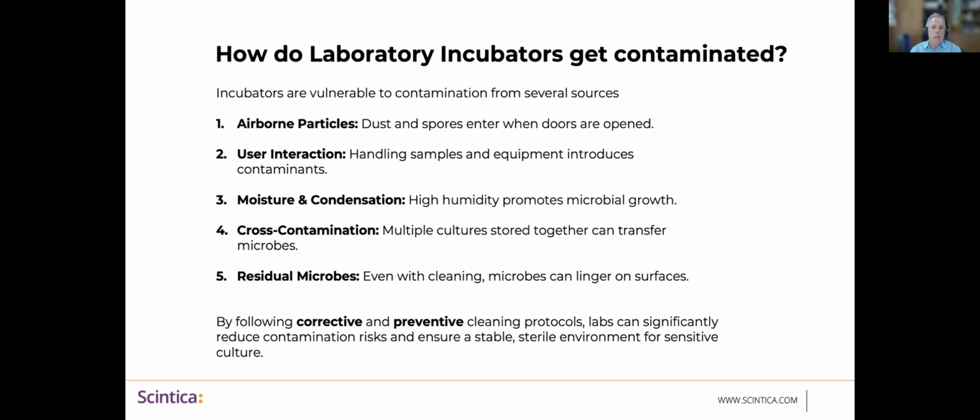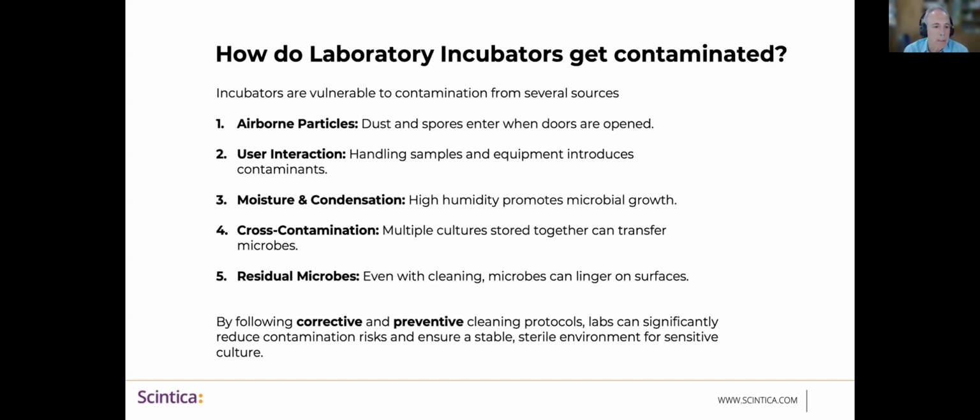Now, how do laboratory incubators get contaminated? Well, contaminations can be introduced in a number of different ways. There's airborne particles that are constantly in the air, and some of those dust particles may be carrying organisms or spores of organisms. Of course, the user interaction is a significant source of potential contamination.